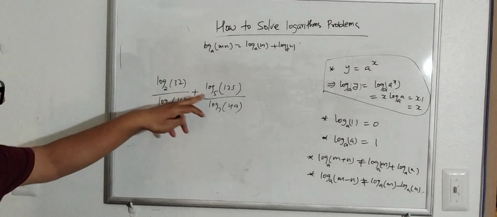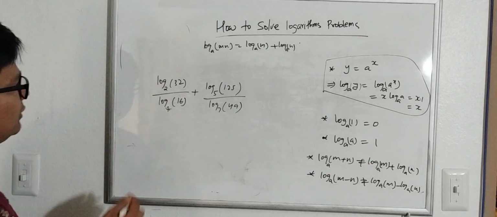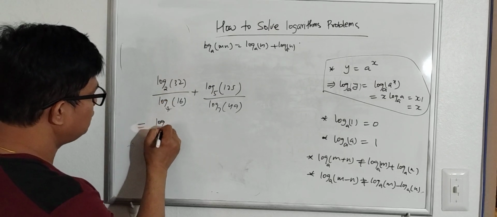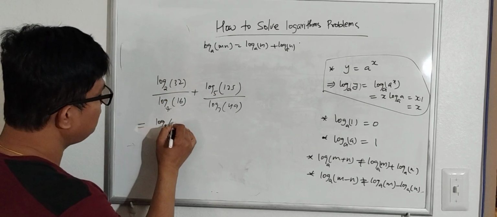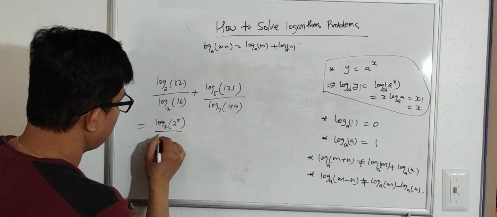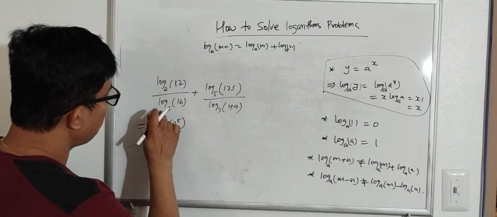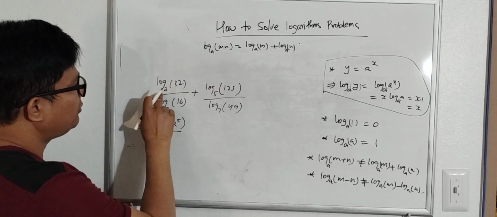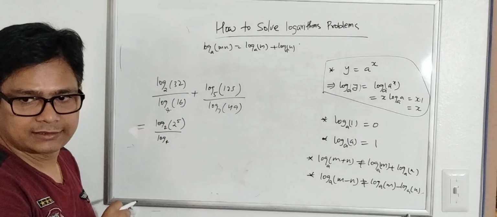Look at the number and try to find the value. So log base 2 of 32 is 5, correct? And log base 4 of 16. What you have to do in such a scenario is convert the number in the form of your base.